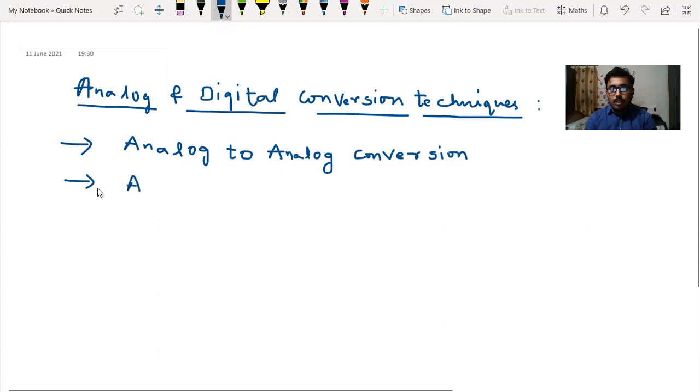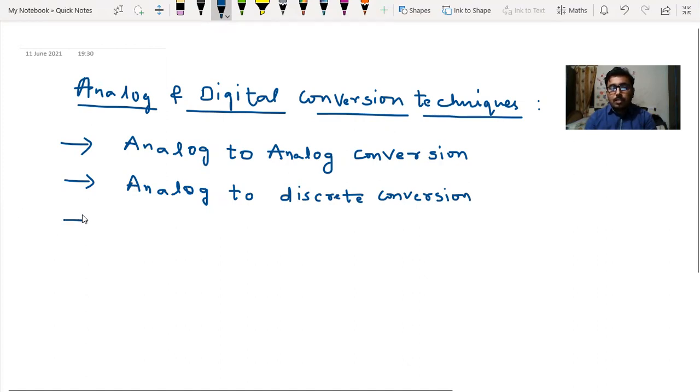The input we are having may be in terms of an analog, and the output we are going to consider we will be getting in some discrete form, so we can take analog to discrete form. So analog to discrete conversion will also be observed whenever we go for these analog and digital conversion mechanisms.